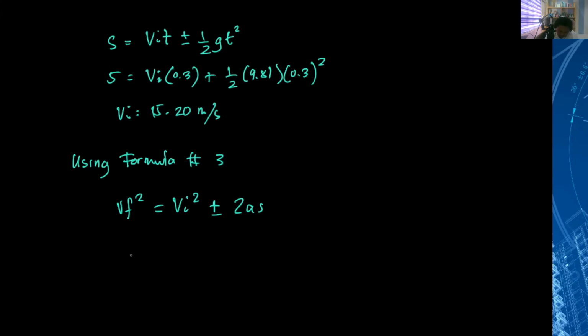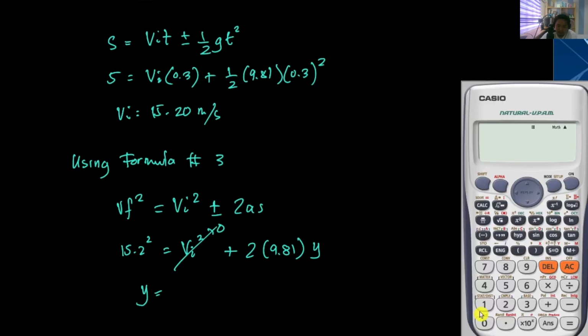We can substitute 15.2 squared equals velocity initial squared, which is 0, plus 2 times 9.81 times S, which is Y. So we can solve Y, which equals 15.2 squared divided by 2 divided by 9.81.